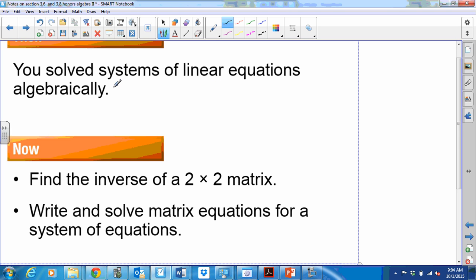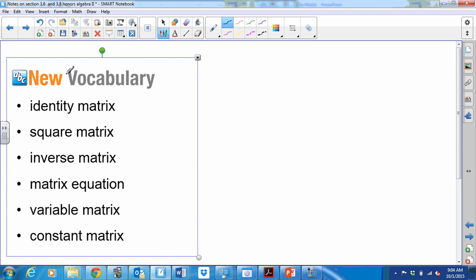When you're using matrices and your calculator, you can very easily solve an equation that has 3 unknown variables. So we're going to talk about an identity matrix, a square matrix, an inverse matrix, a matrix equation, a variable matrix, and a constant matrix. It sounds like a lot, but as you see it, I think it'll all come to light.